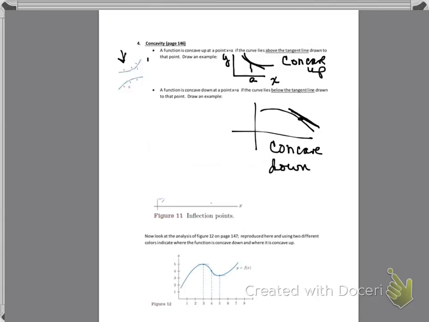The first one is a function that's concave up, and the second one is a function that's concave down. If it's concave up, it kind of looks like a cup. If it's concave down, it looks like a frown. Okay, a little simple way for you to remember that. When we start talking about second derivatives, I'll give you another way to remember this.